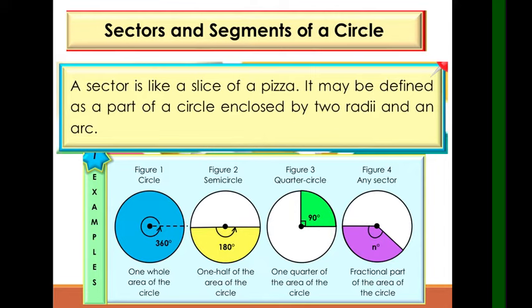Semicircle, one half of the area of the circle, is a sector. Quarter circle, one quarter or one fourth of the area of the circle. And finally, a fractional part of any area of the circle is also a sector. So basta yung highlight na yan, shaded part na yan, yan yung mga sector.